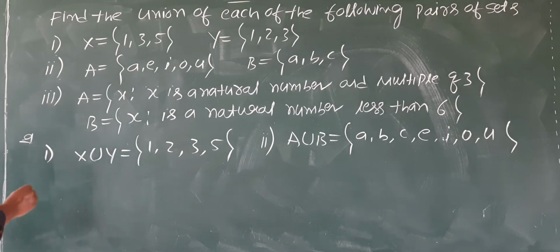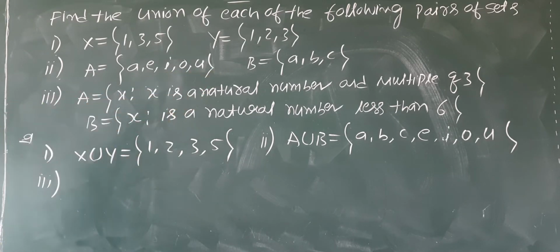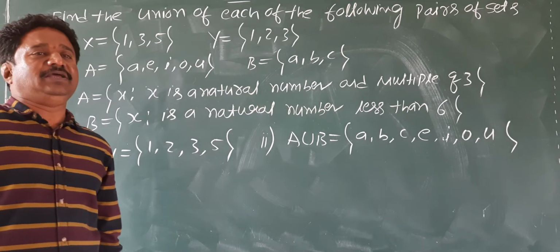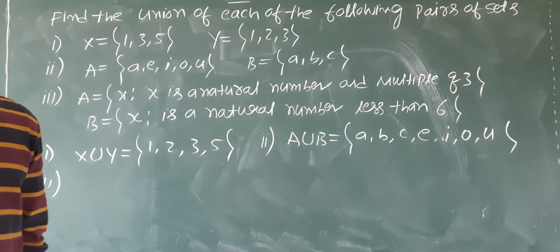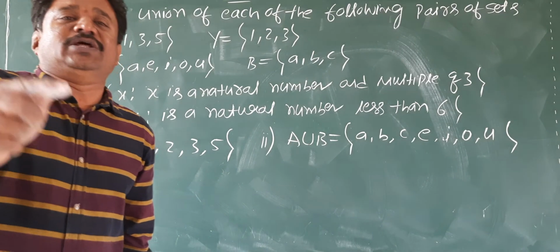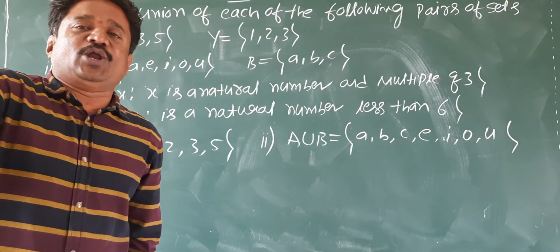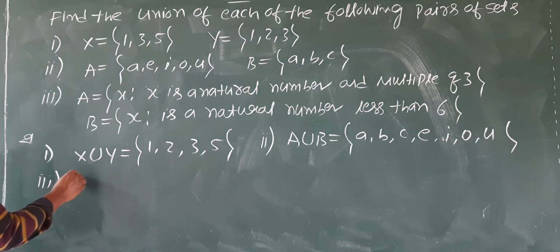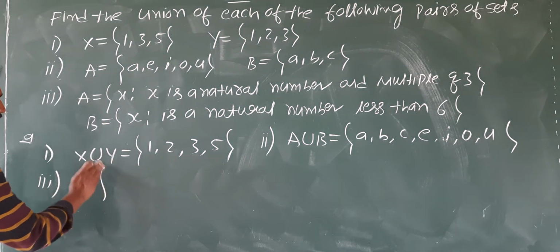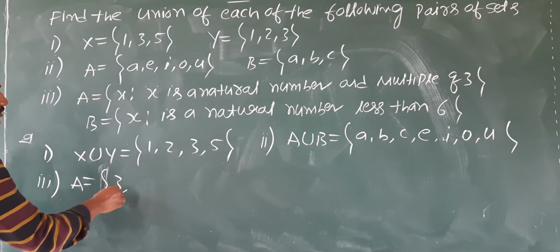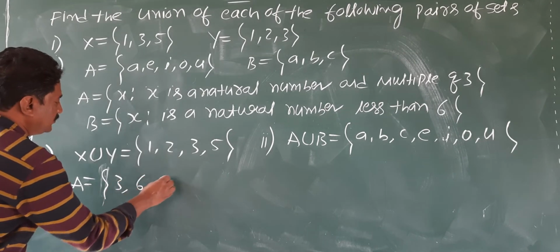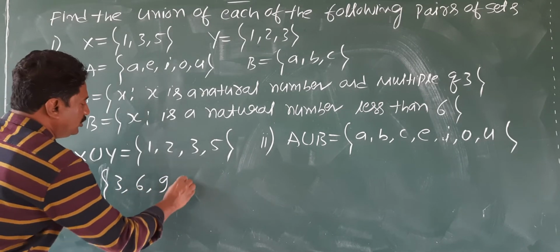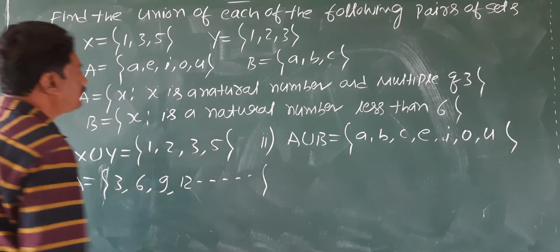Third question, students. Set A: x is a natural number and a multiple of 3. Multiply natural numbers by 3 and you get multiples of 3. 3 ones are 3, 3 twos are 6, 3 threes are 9, 3 fours are 12.